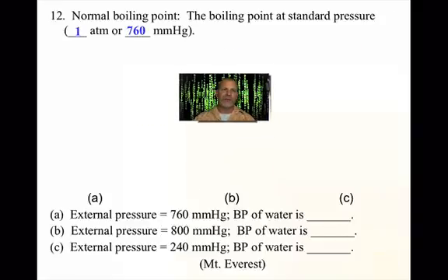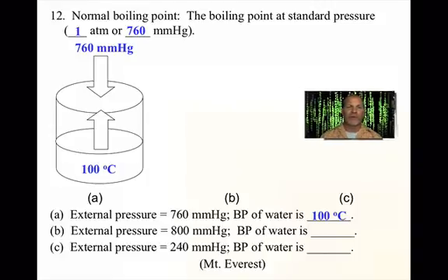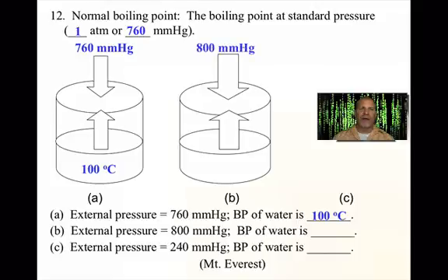To give you an example of this, in our diagram, we have standard atmospheric pressure of 1 atm, or 760 millimeters mercury. The arrow going down is my atmospheric pressure. The arrow going up represents vapor pressure. If my atmospheric pressure is 760 millimeters mercury, water matches that with its vapor pressure of 760 at 100 degrees Celsius, and that's why we say water boils at 100 degrees Celsius. If, however, I increase my atmospheric pressure up to 800, I would then have to increase my vapor pressure.